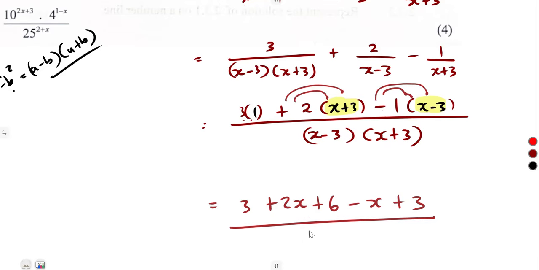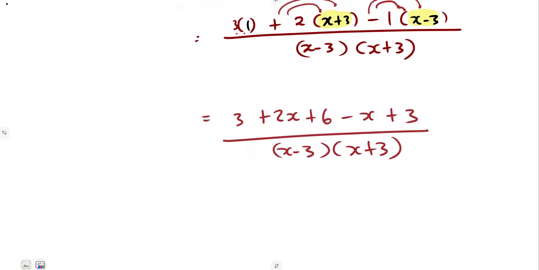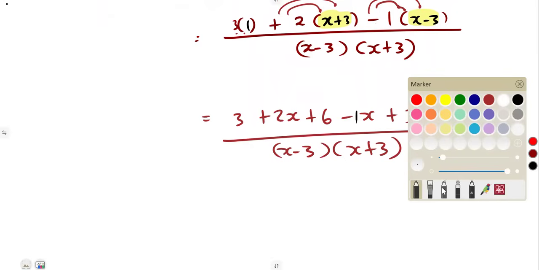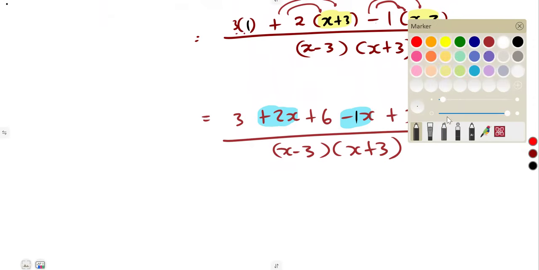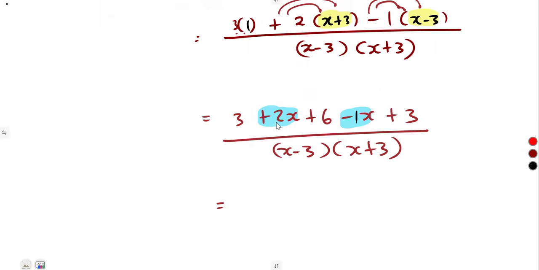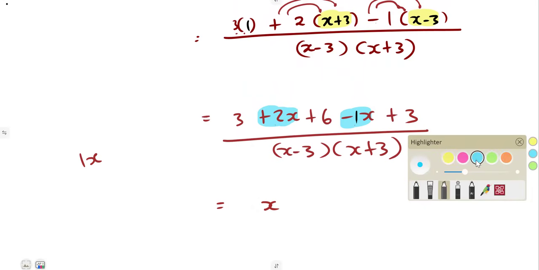So it's going to be positive 3 over the brackets x minus 3 into x plus 3, which we can simplify by collecting the like terms. Where we have got x, we are going to collect these terms, 2x minus x. So what are we going to have on this one? That's 2 minus 1, which is 1x. So that's simply x.